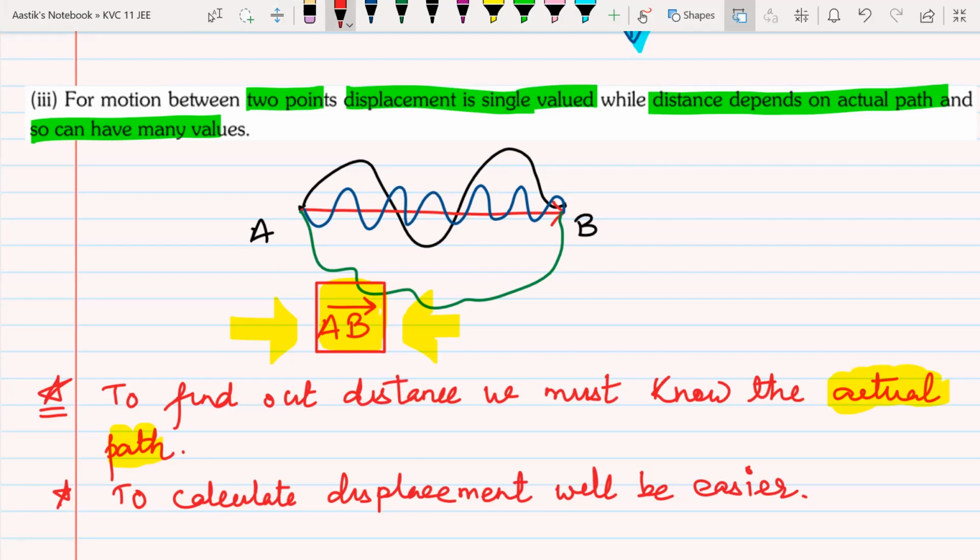And therefore, in any question, if they ask you displacement, you should be very happy, because that is a very simple question. You just have to join the initial position with the final position. But if they ask you distance, then you must worry a bit, because then they are talking about the actual path and you must know the actual path.